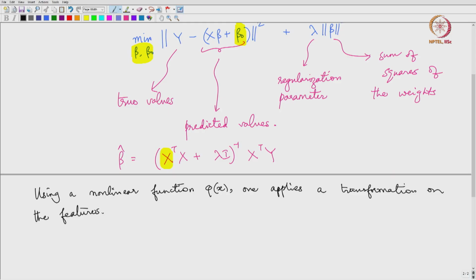Okay. So your prediction y hat, which is f of x, so we are trying to approximate a function, is essentially beta transpose times phi of x.